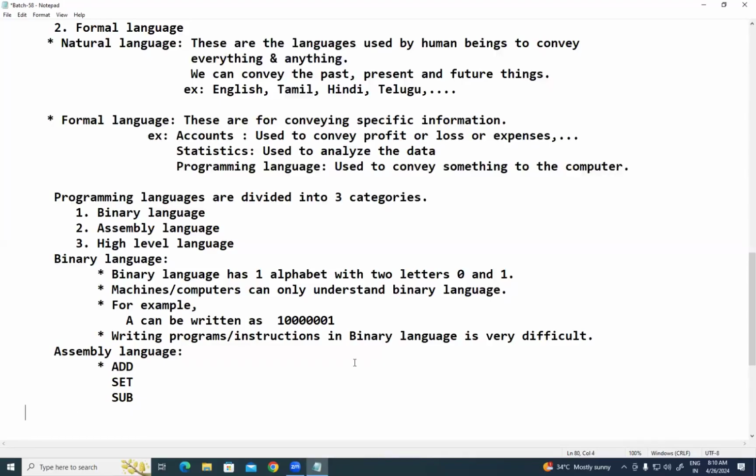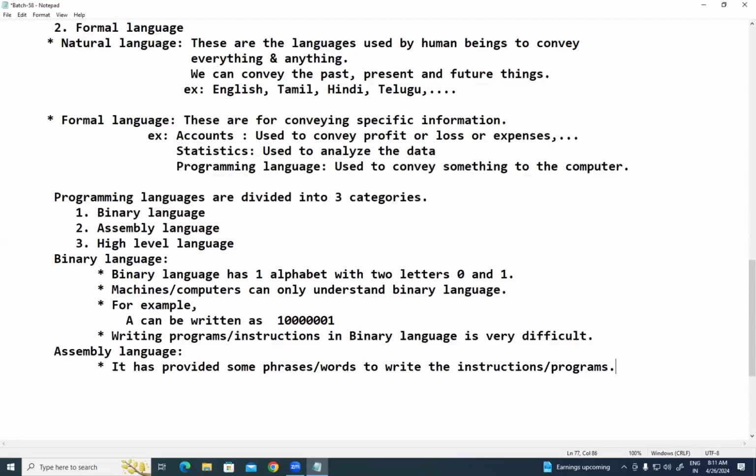So tell me, folks, finally, in assembly language, what is given to write instructions? Some words. So it has provided some phrases, I'm using the word phrases to mean words, to write the instructions or programs. Folks, am I clear?